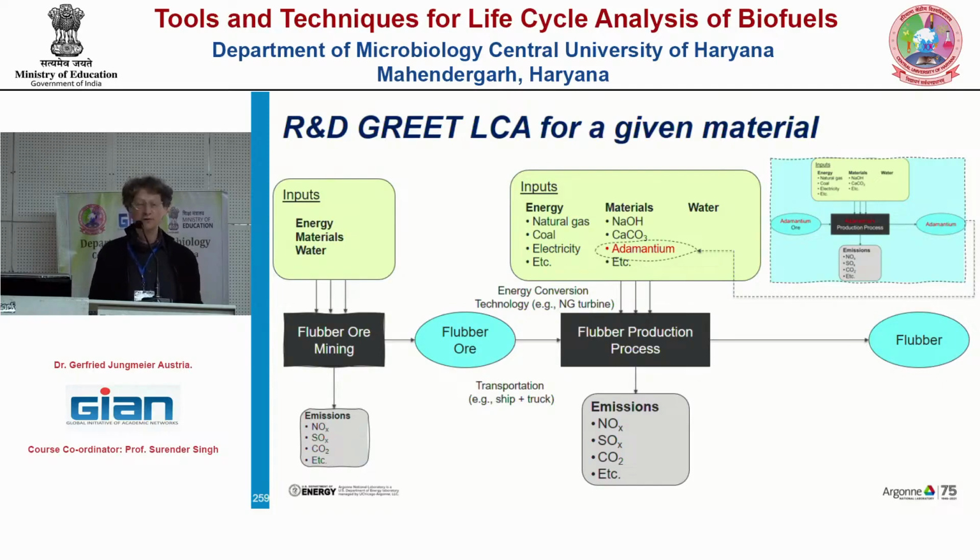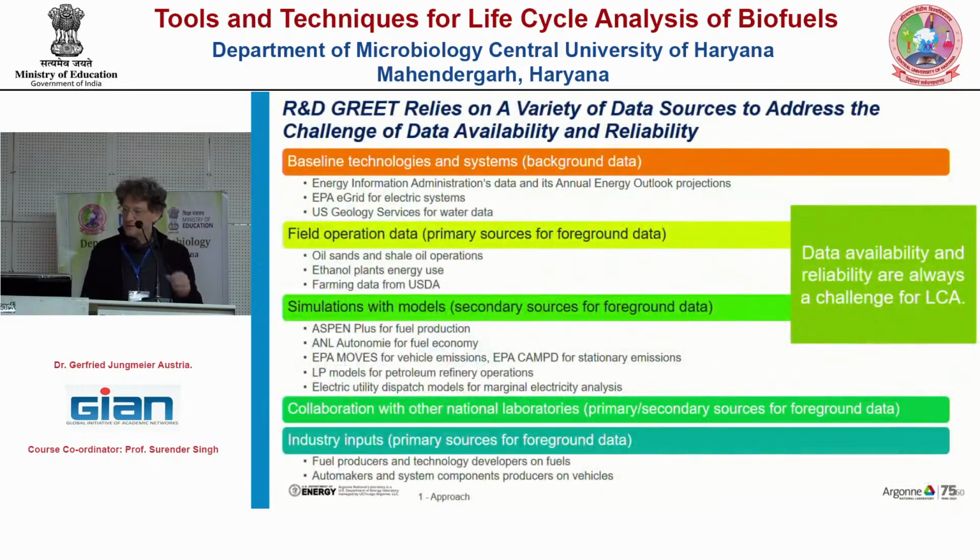You can also change the different units from liters to kilogram and the heating value and so on. So this works relatively well. And at least they give you background data for the baseline technologies. You will find transportation, ships, trucks, aeroplanes.